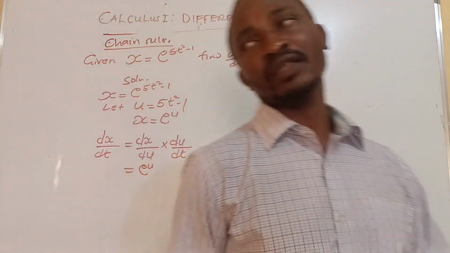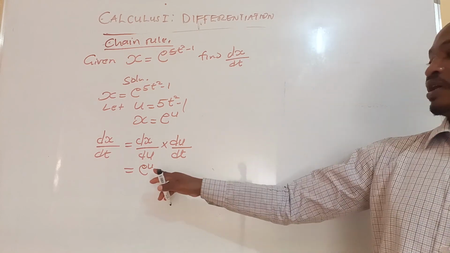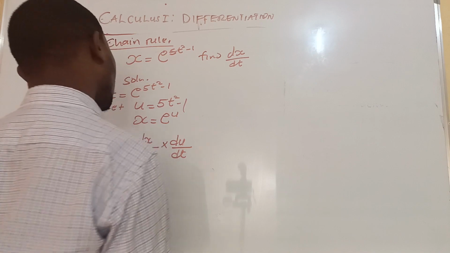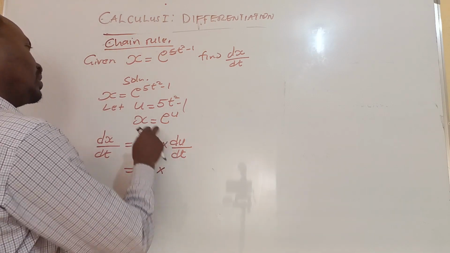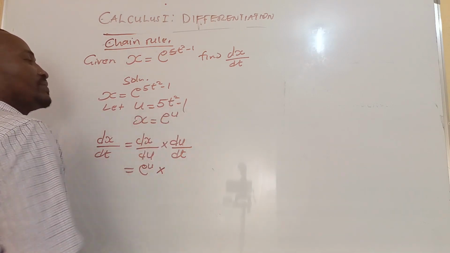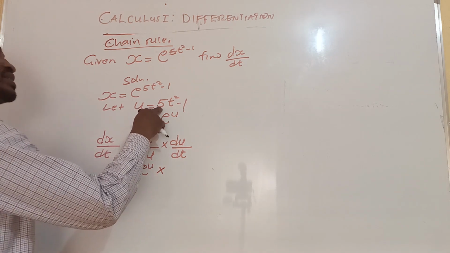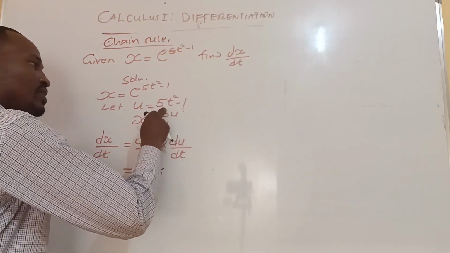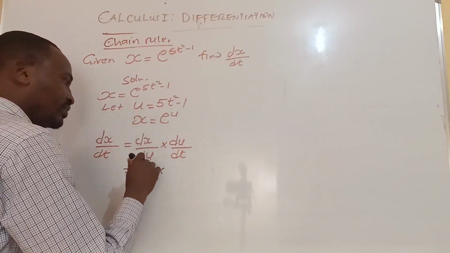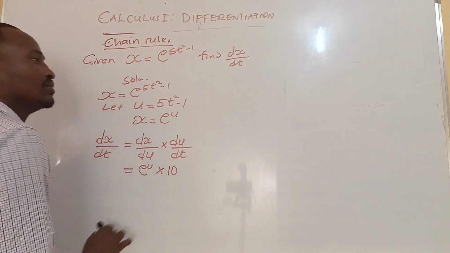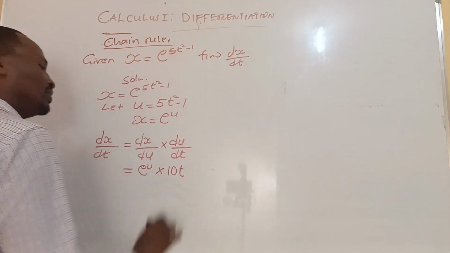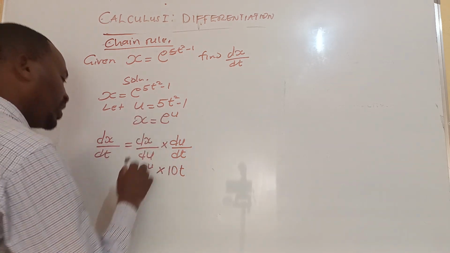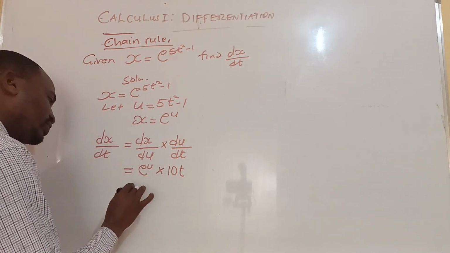You can check that in the table. The derivative of exponential x will remain exponential x, times, if you now differentiate 5t squared minus 1 with respect to t, as we have seen earlier, this is basic, you should be able to do it by now. That will be 10t. Now we multiply the two.